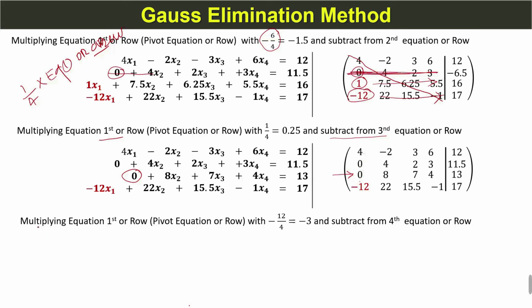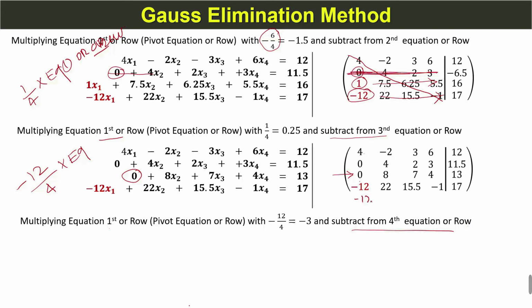Next, we multiply minus 12 by 4 with equation 1 or row 1, and we subtract from equation 4 or row 4.